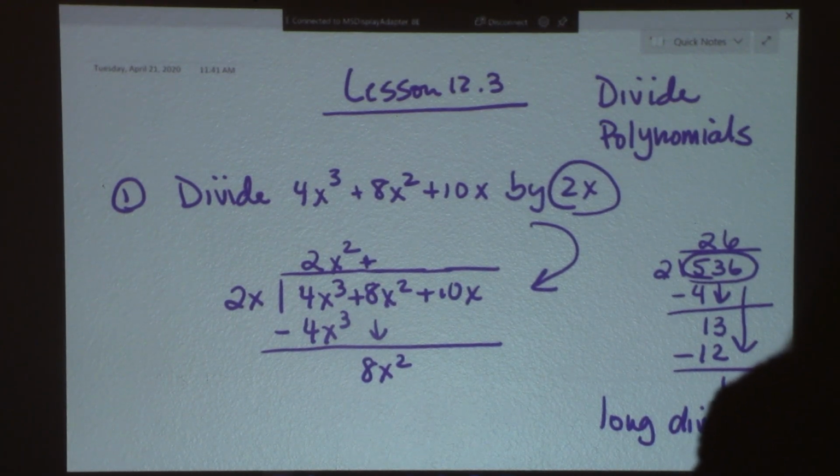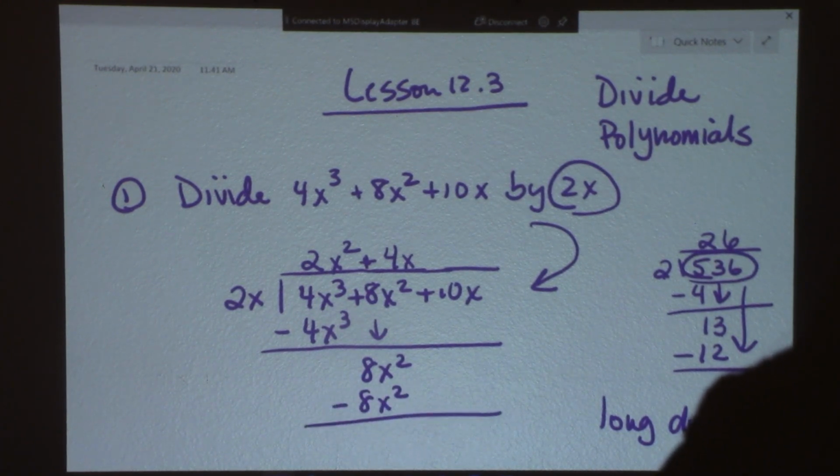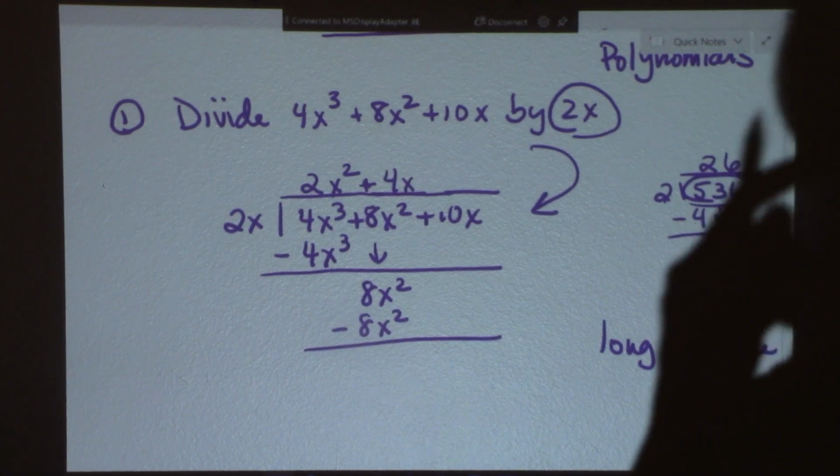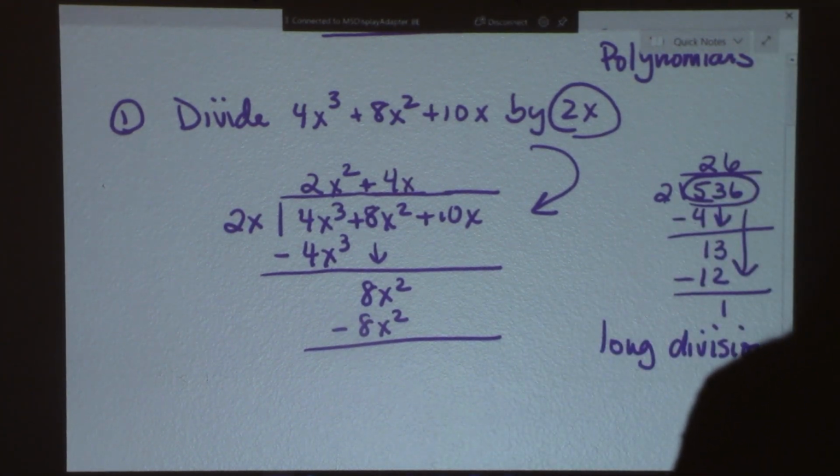Okay, so now I ask myself, what would I multiply 2x by to get 8x squared? Well, I would multiply 2 times 4, that's 8, and I need one more x. So now when I multiply those, I get 8x squared, and then I subtract. And fortunately, that all goes away evenly.